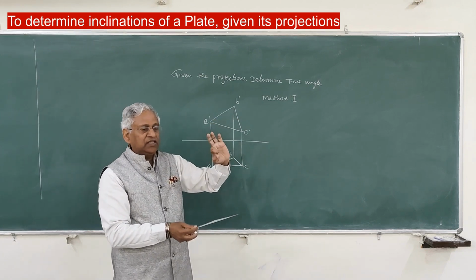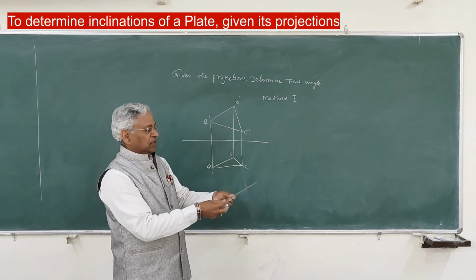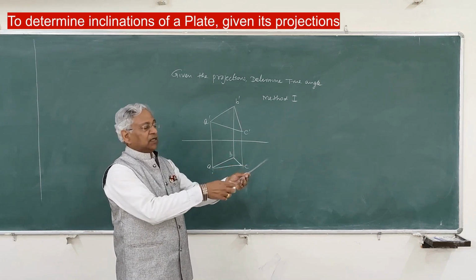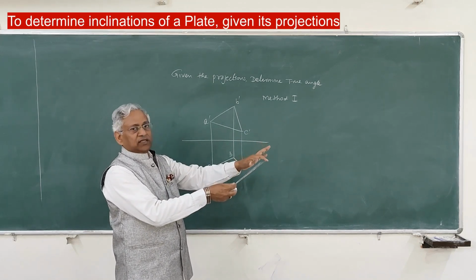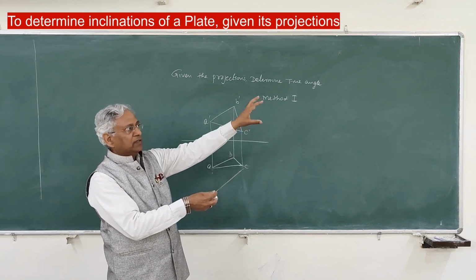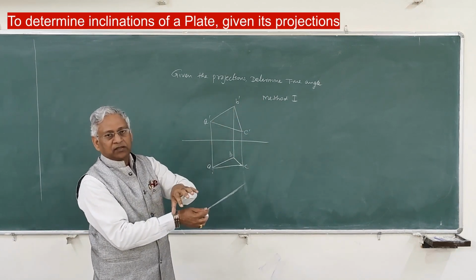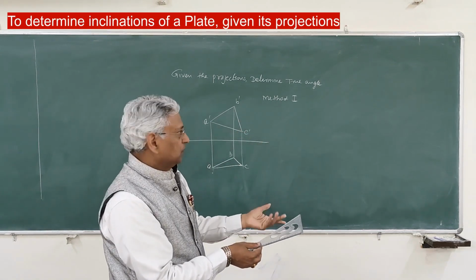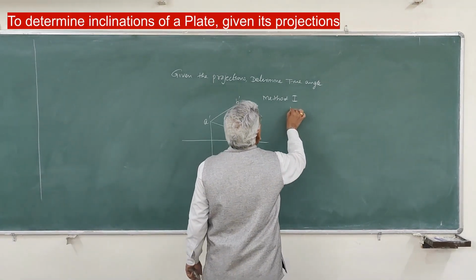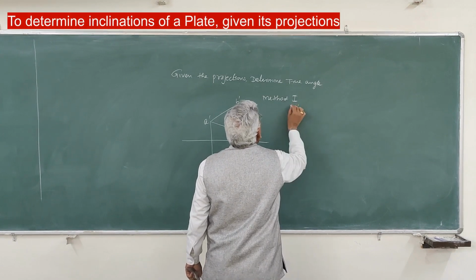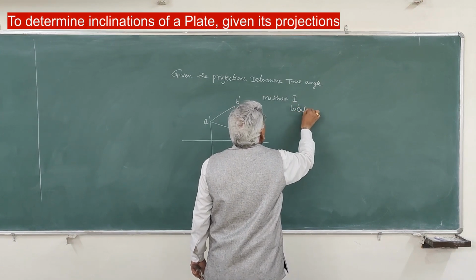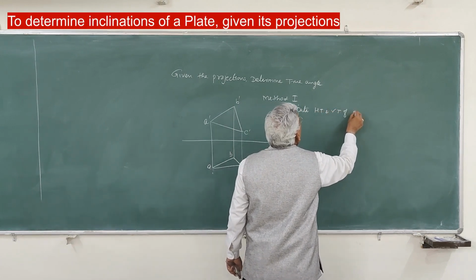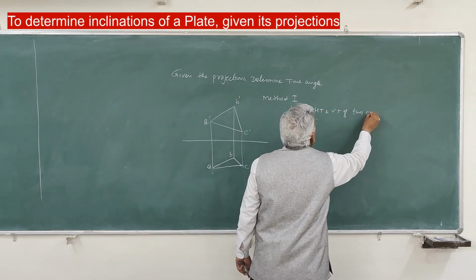To draw the VT and HT of that oblique plane, you determine the vertical trace and horizontal trace of this edge, and of this edge. You get 2 points on the vertical plane and 2 points on the horizontal plane, join them, and you get the VT and HT of the plate. So method 1 is to locate HT and VT of any two edges.